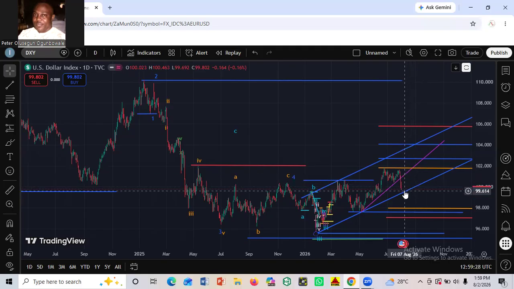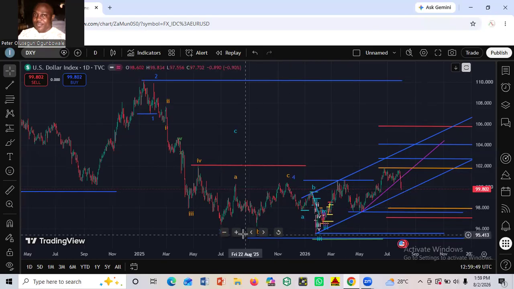Now, this channel is not going to just give way. It's going to serve its purpose, but we are going to expect 2 things here. Because this could also be A, B, and C to the downside, and this channel will now act as a spring to take it back to the upside. But what are we going to watch out for?